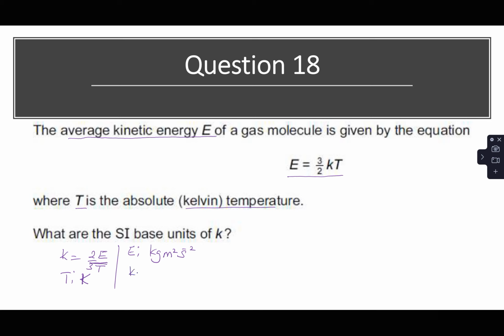So the base units of K will be, I ignore the constant 2 over 3, kilogram meter squared per second squared divided by Kelvin. When we simplify this, the base units of K will be kilogram meters squared per second squared per Kelvin. Those will be the base units of K.